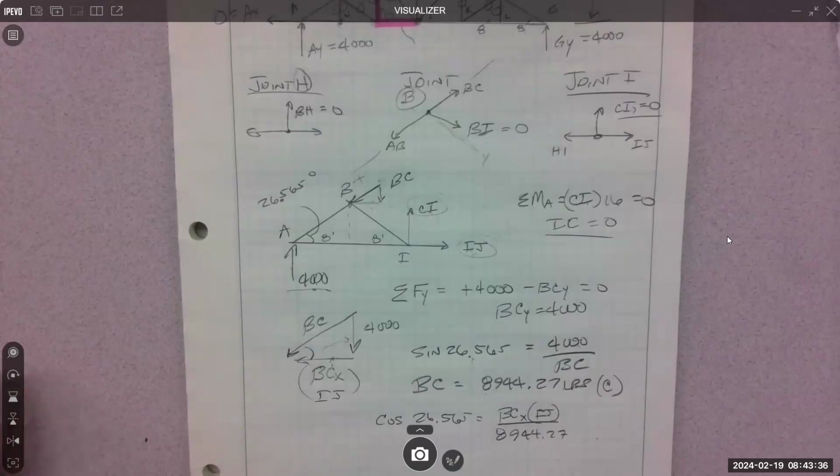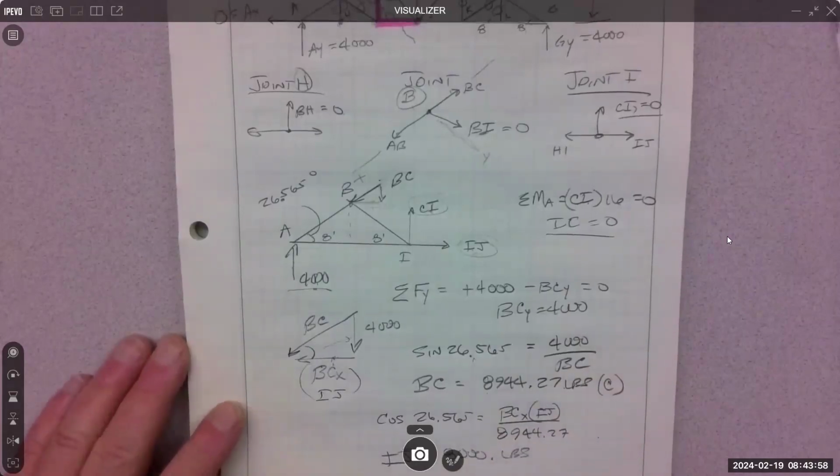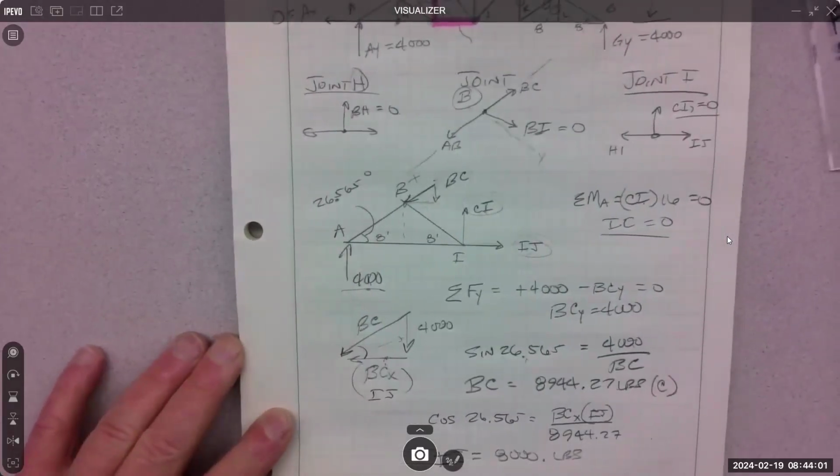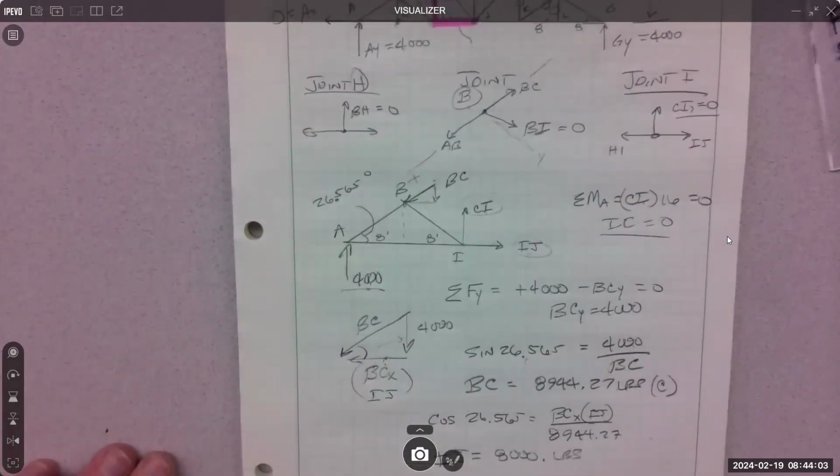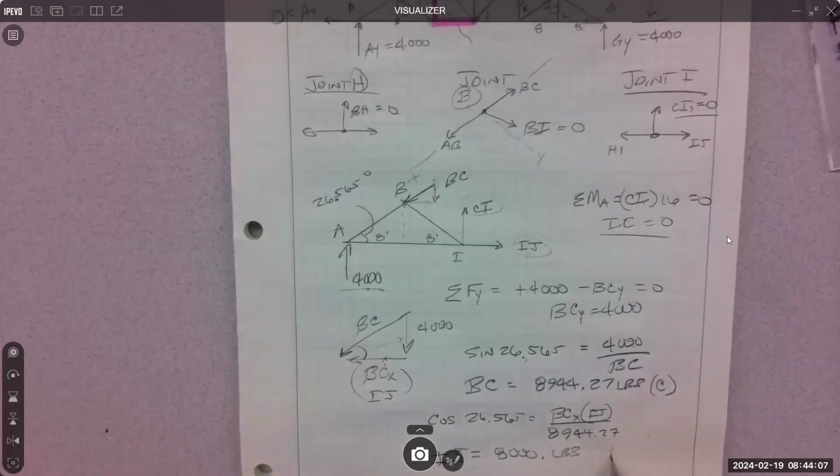Sorry. IJ equals 8123. That's pretty rounded. And then which way does it point? Yeah, it points out. Tension.